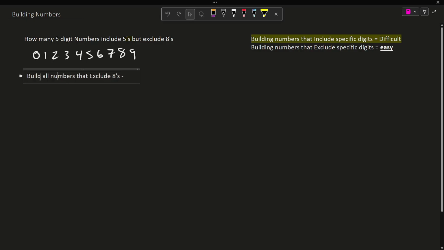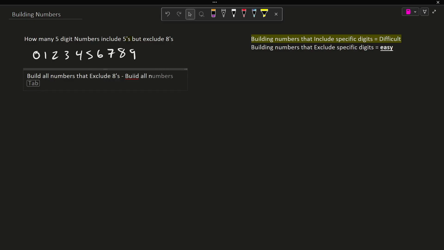But some of these numbers that I build here are going to have fives, and others won't. But I want to make sure that all of the numbers I build include a five. So I'm going to build a set of numbers that is way too large. But then if I subtract the perfect amount of numbers, I'm going to be left with the numbers that I'm looking for.